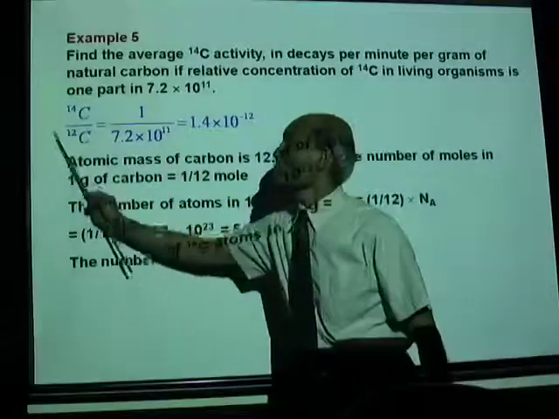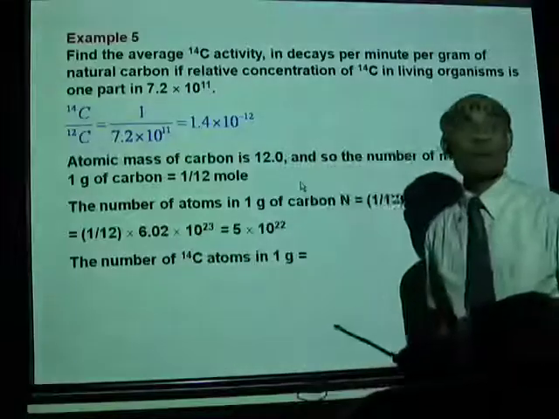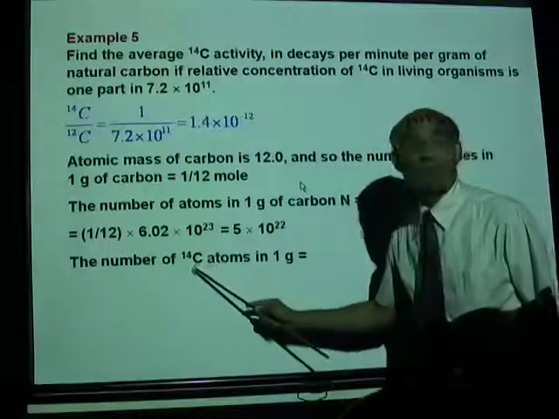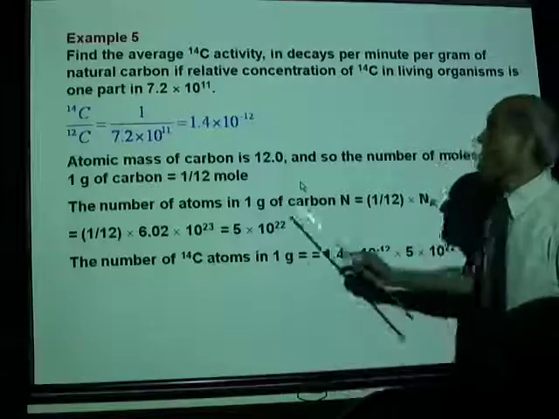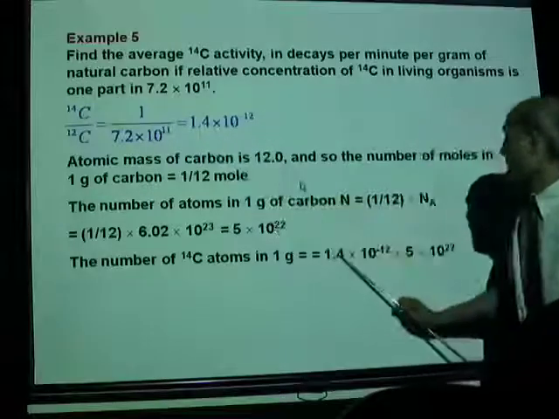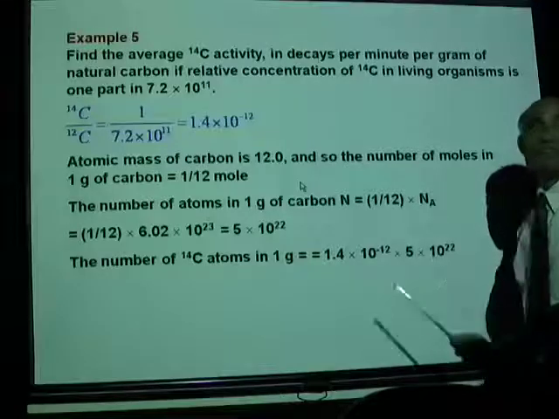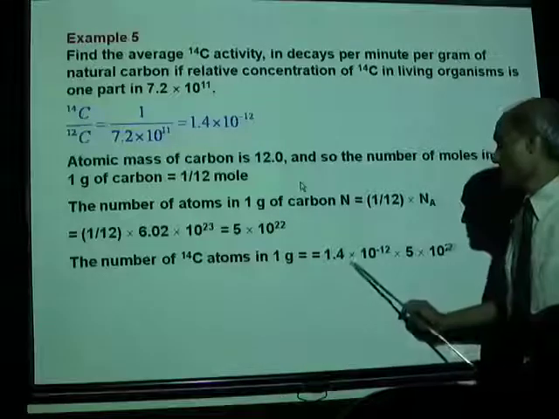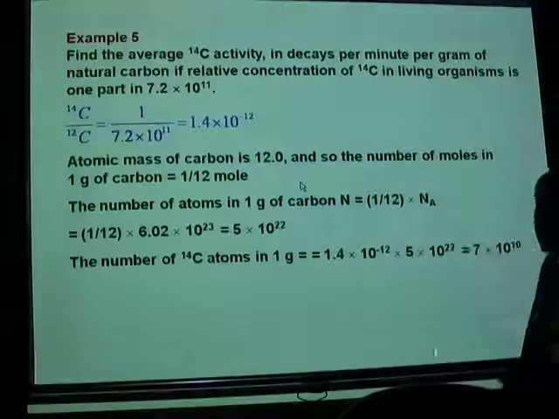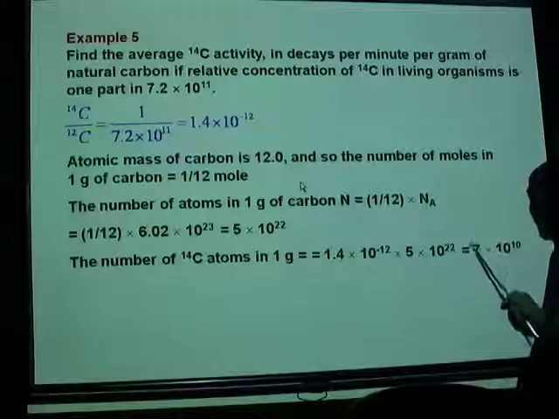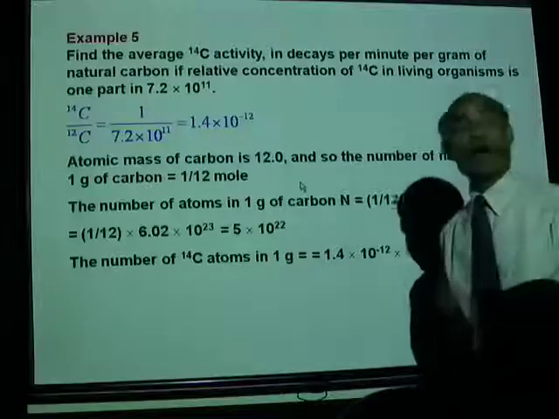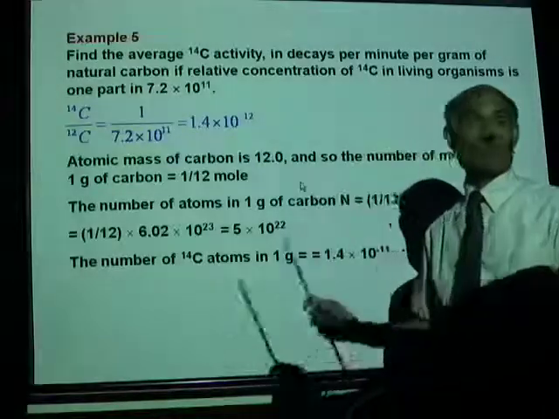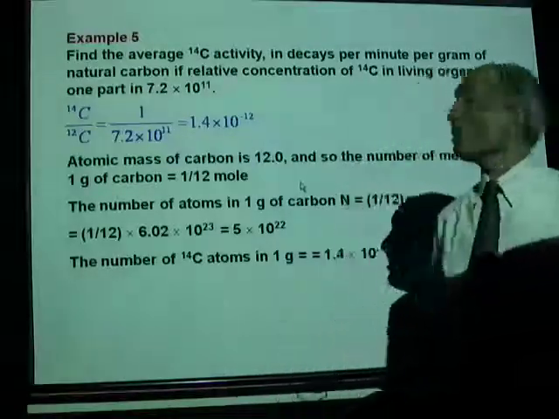And since this is the ratio of carbon-14 to carbon-12, can you now find the number of carbon-14 in 1 gram? It will be that ratio multiplied by the number of atoms in 1 gram. So that will be 7 times 10 to the power of 10. There are 7 times 10 to the power of 10 carbon-14 atoms in 1 gram of carbon.